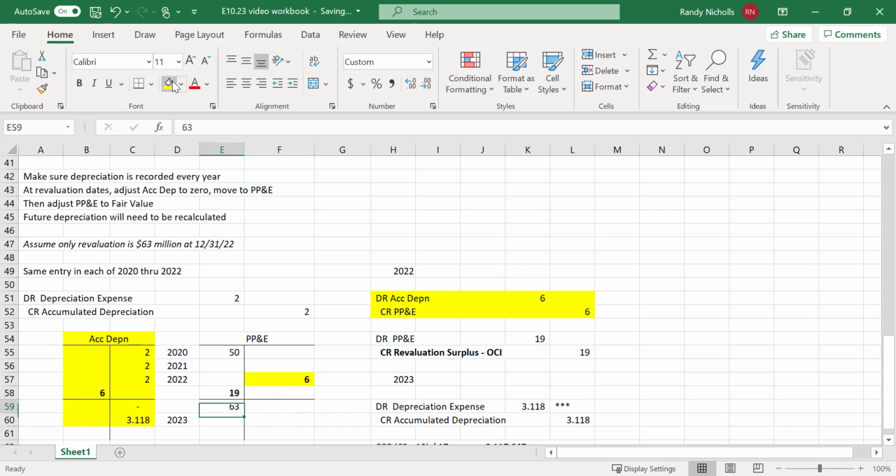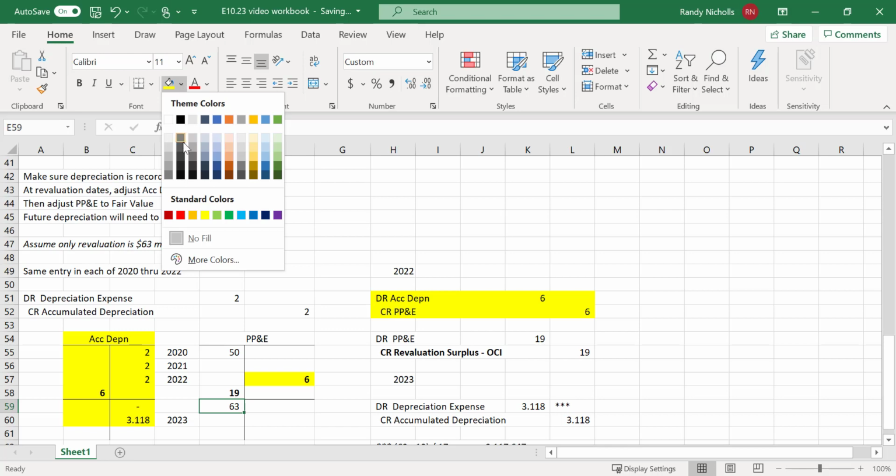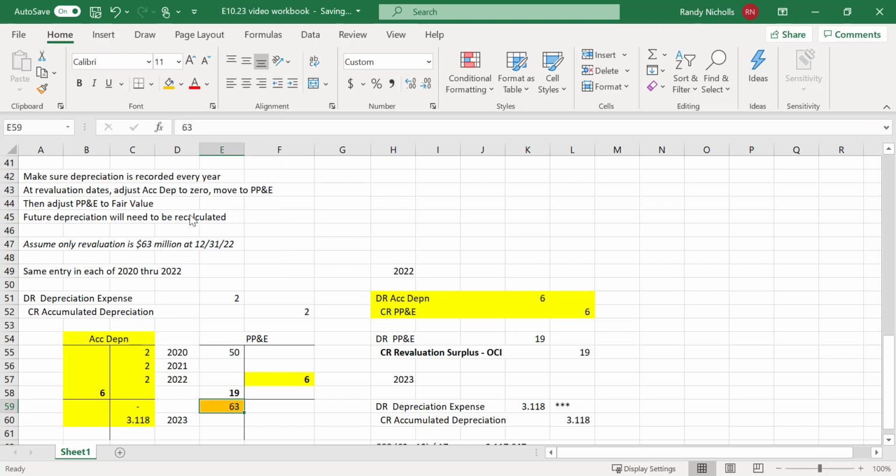Then I need to come along and force the PP&E account, same as in the fair value method, to be 63 million. How do I do that? Well, the account is sitting at 50 minus 6 right now, which is 44, so I need a $19 million debit. That's going to go to PP&E.